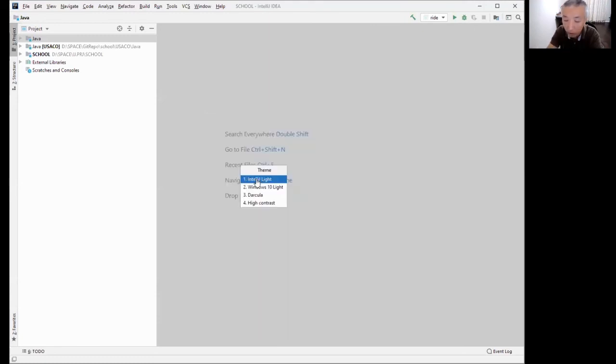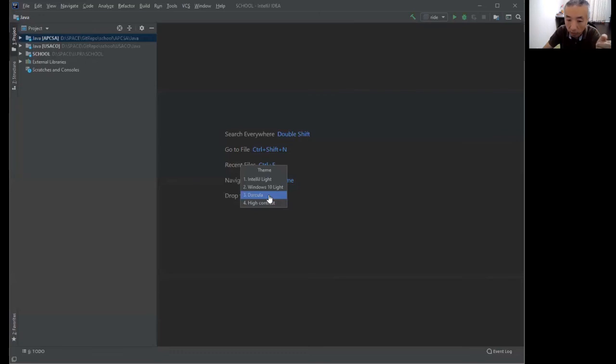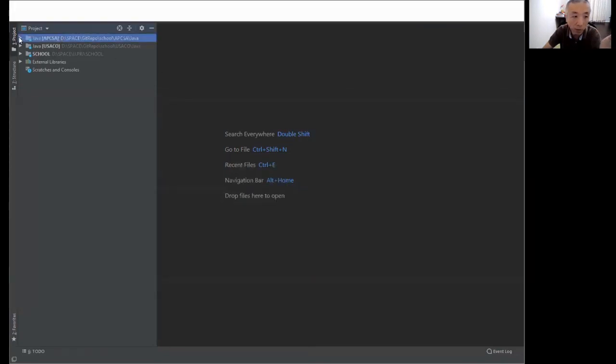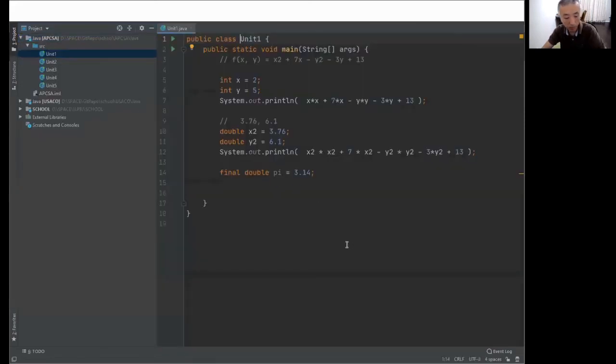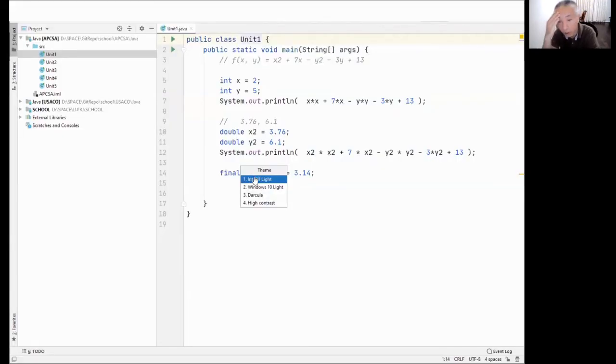Okay. So by default, it will use IntelliJ Light, which is totally unrelated to our class work. You can do anything here with either choice, but I highly recommend you at that time choose a dark theme, which we call Darcula. You can see the difference. Let me show you a source. Okay. So if you choose that IntelliJ Light, you will see something like this.